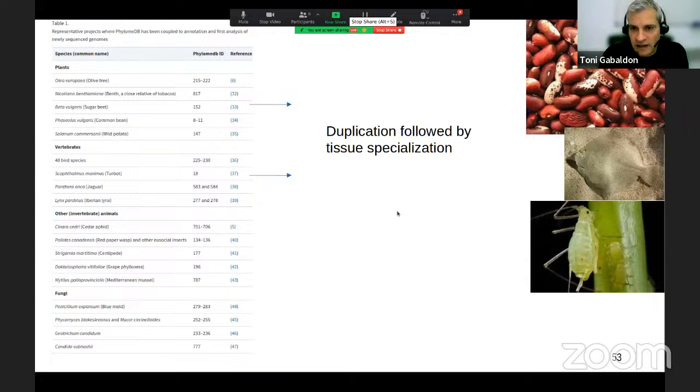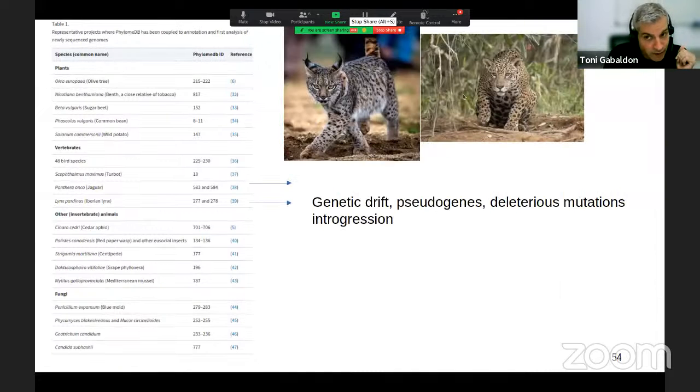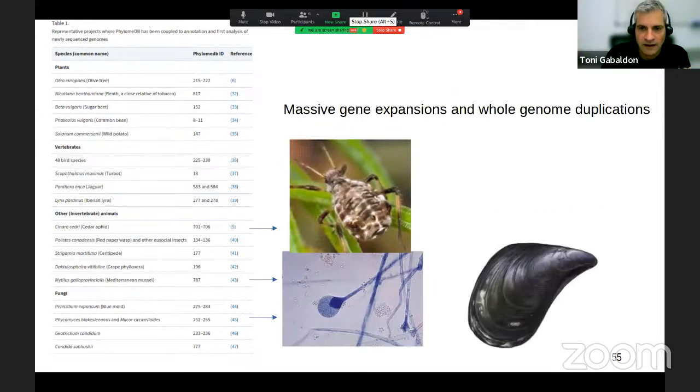Then duplication followed by tissue specialization has been a question that we have addressed in these other projects, in the pea aphid, but also in turbot and in the common bean. Other projects are more related to conservation, and there the focus has been different, maybe looking at the signatures of genetic drift, looking for pseudogenes and deleterious mutations, also for signatures of introgression in these species.